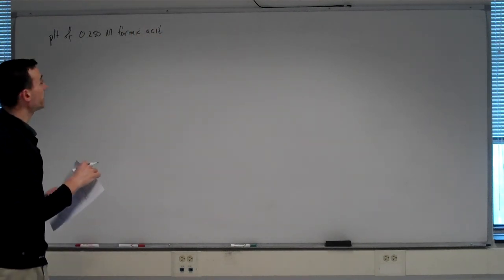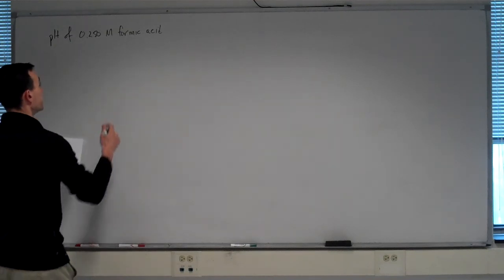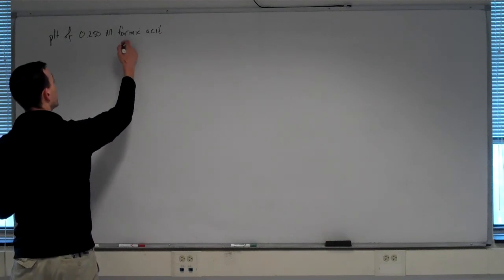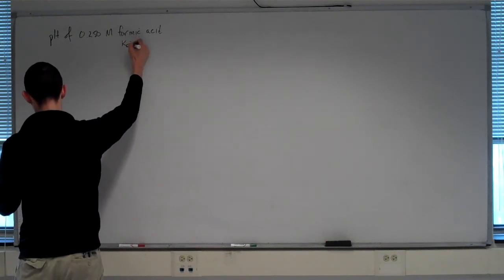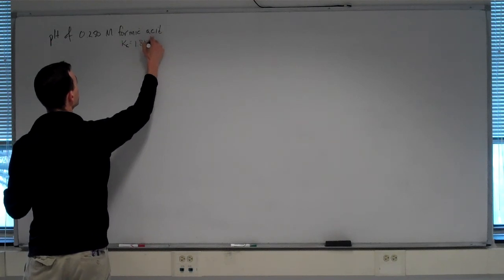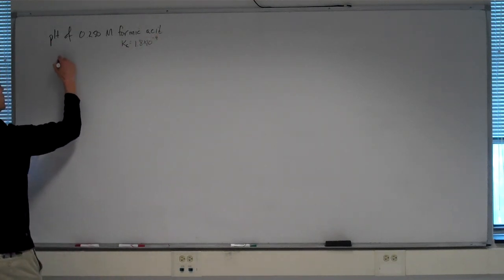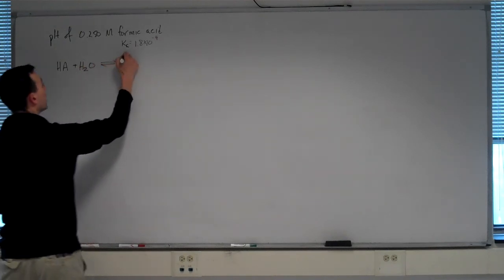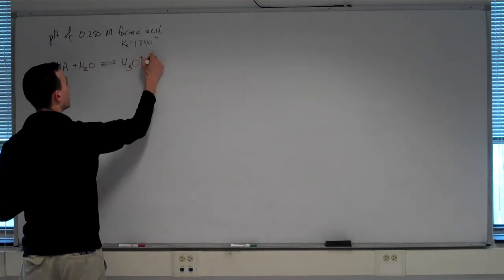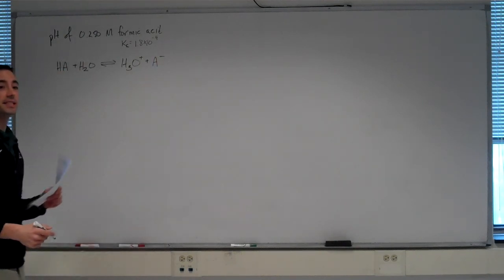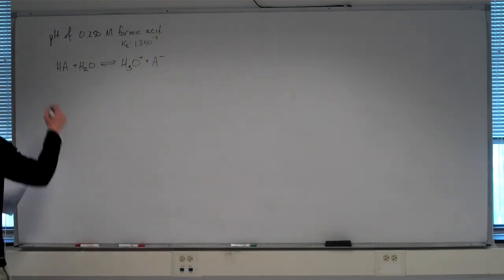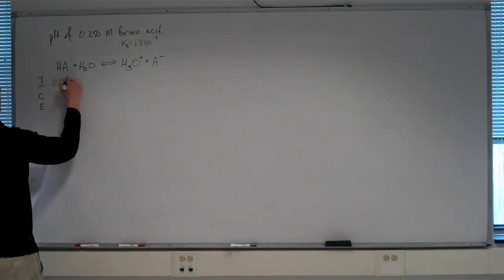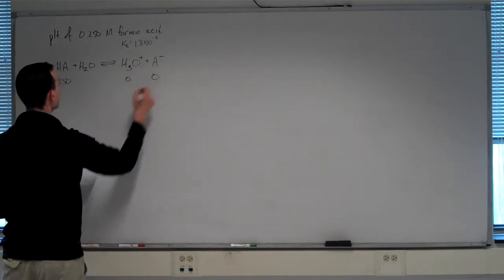So we're going to recognize formic acid is a weak acid because it has a Ka on our Ka chart. We used it already, 1.8 times 10 to the negative 4. So the formic acid will interact with water, and we can set up an ice table beginning with 0.25 molar formic acid.